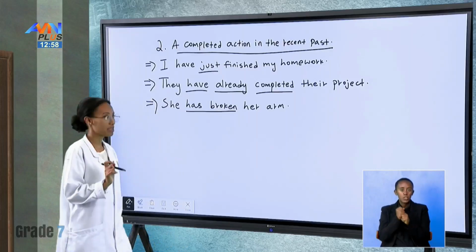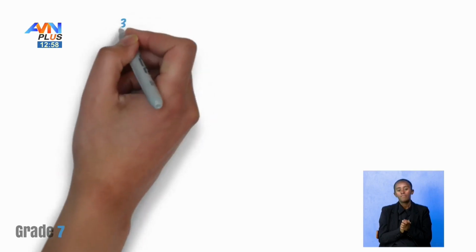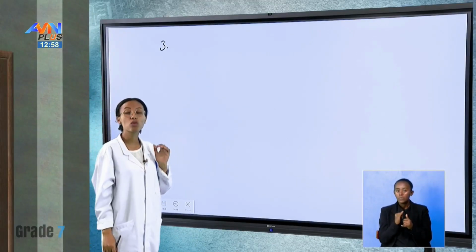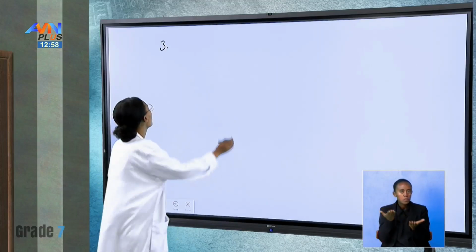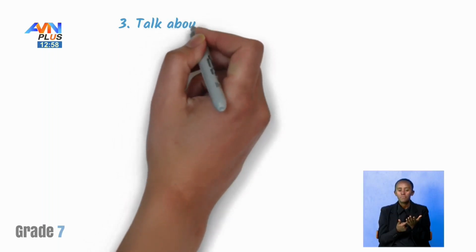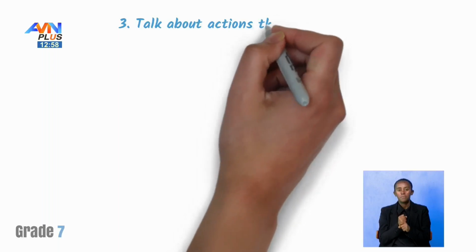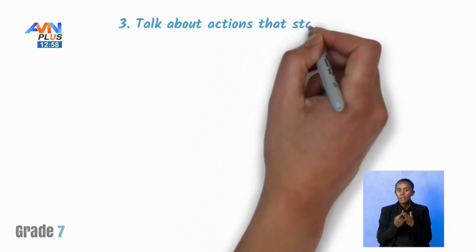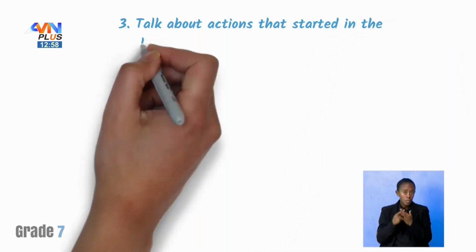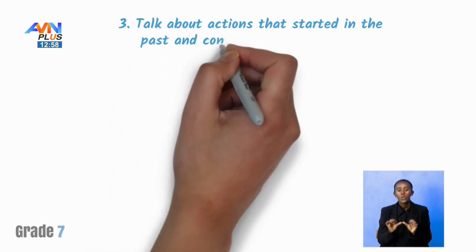The third and finally the last one, I think this is the most common one that people use, is to talk about or discuss actions that started in the past and continue to the present.